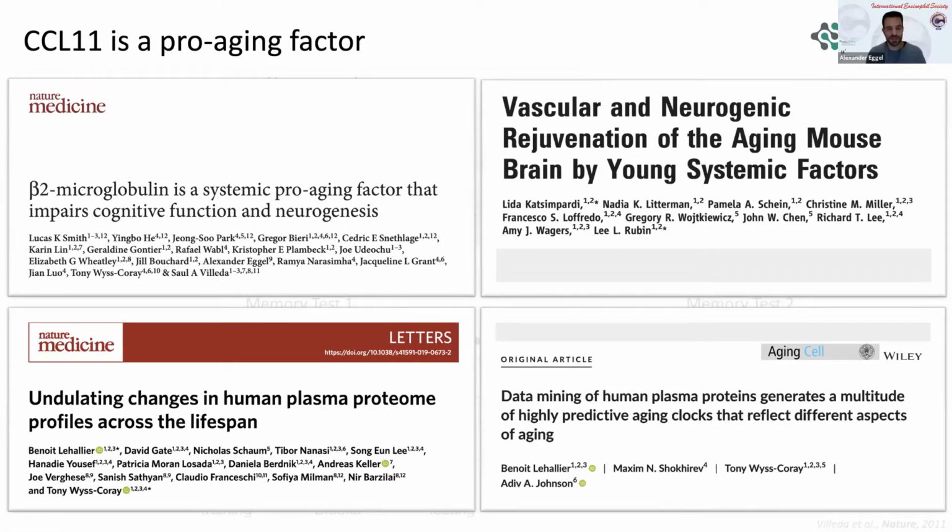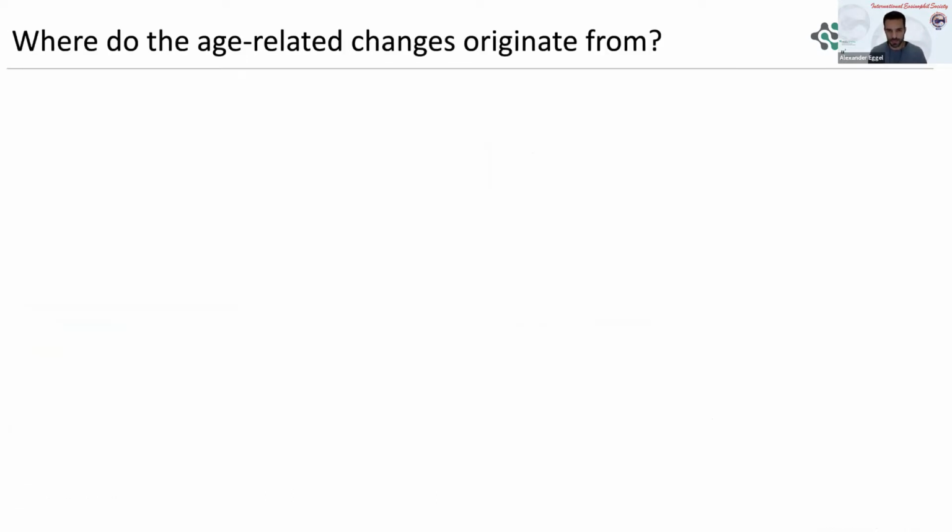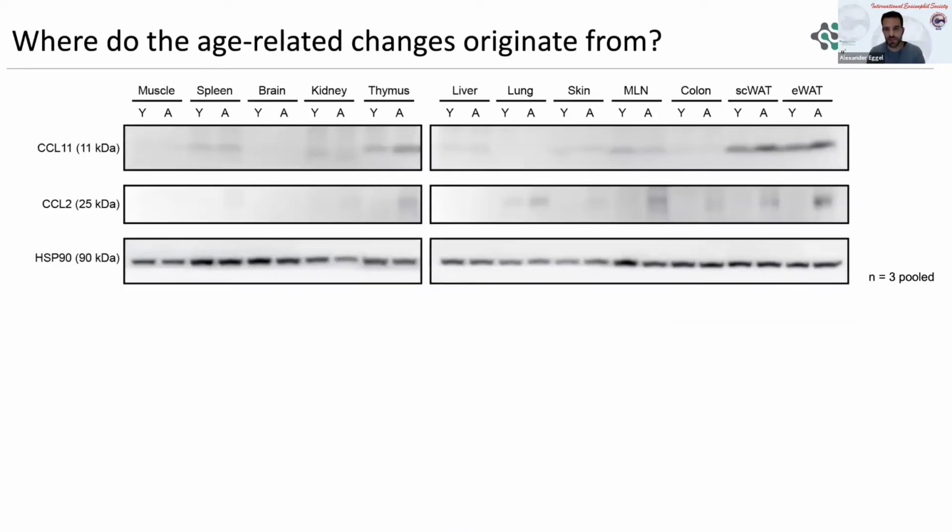For us, the finding of CCL11 as a pro-aging factor was super interesting, and obviously we wanted to know whether there is a specific source that produces or is responsible for the increased levels that we observe in aging. So what we did is we simply screened different tissues. This is a Western blot that I show here for CCL11 and CCL2 expression.